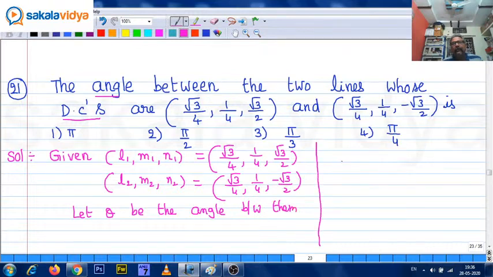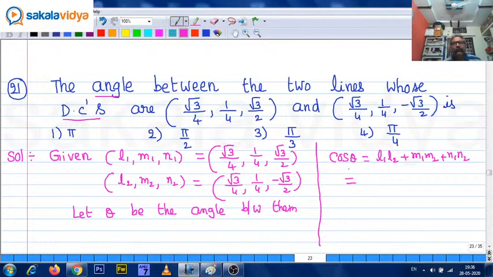So we have cos theta equals L1 L2 plus M1 M2 plus N1 N2, if L1 M1 N1 and L2 M2 N2 are the direction cosines.